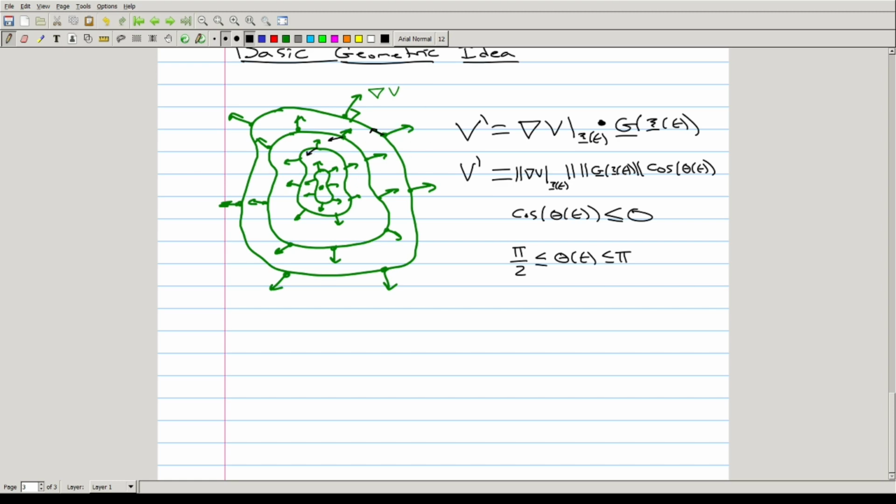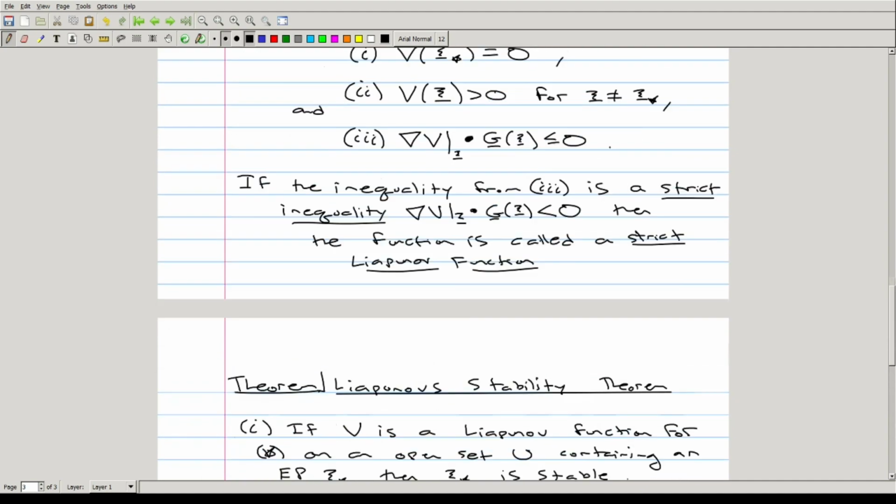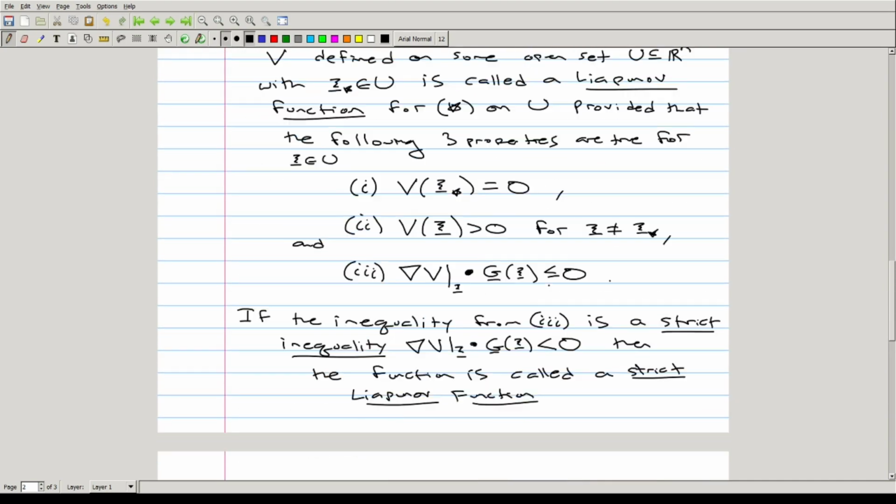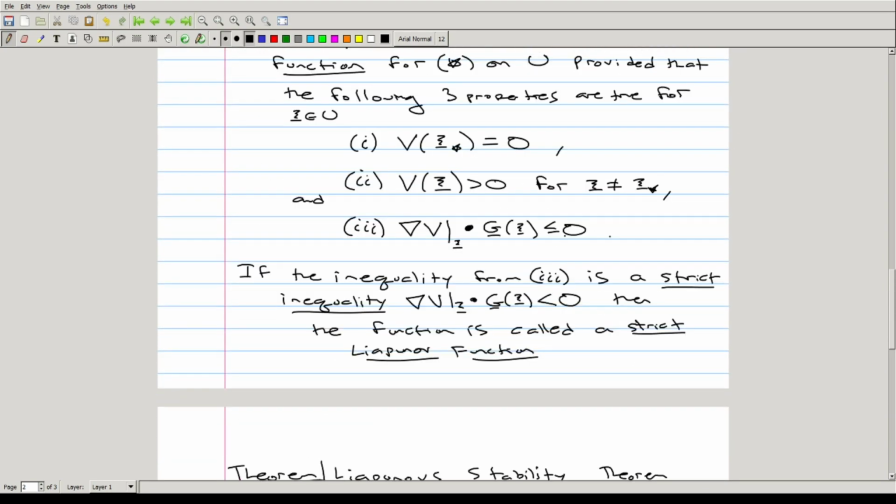So if you have a local minimum of V, you expect that your solutions will either stably rotate around the equilibrium point in the case of a normal, non-strict Liapunov function.